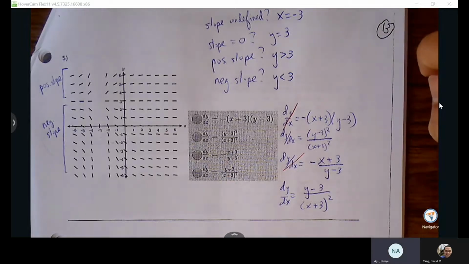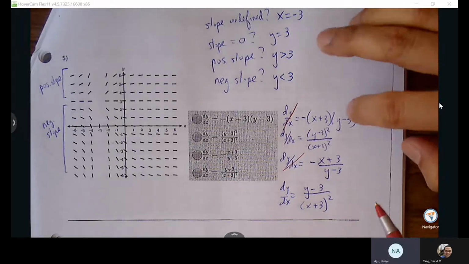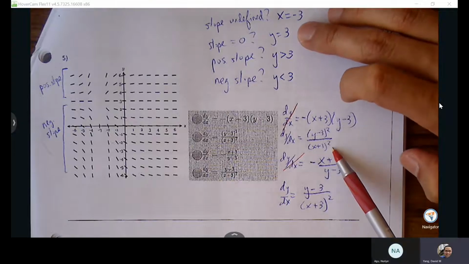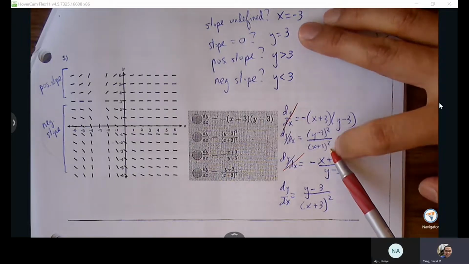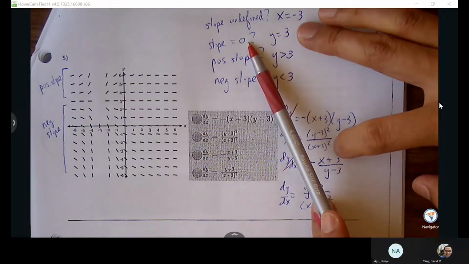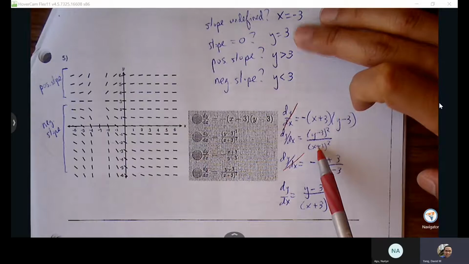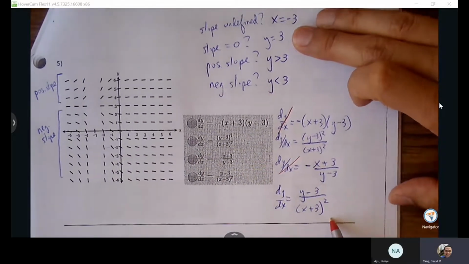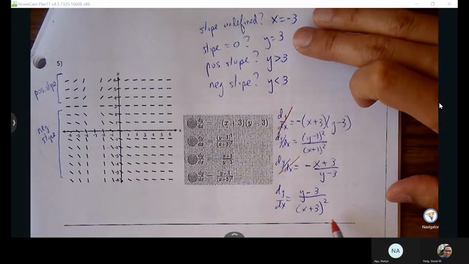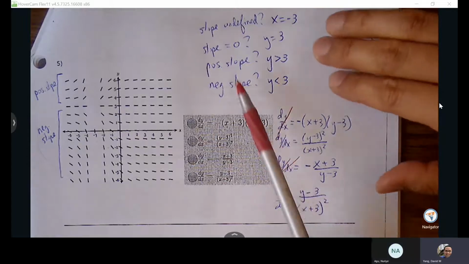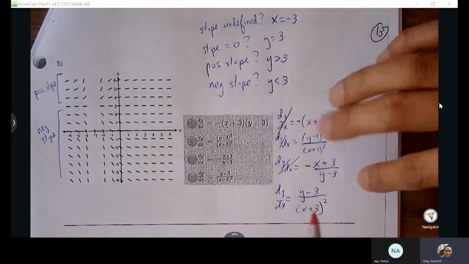You would get 0 over x plus 3 squared, which is still 0, right? So that's still true. So we can't eliminate that one because that's a true statement. How about the last one? That would also be true. So it looks like the second statement didn't help us remove anything.